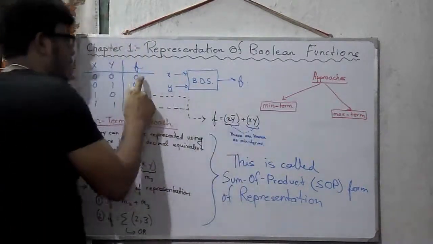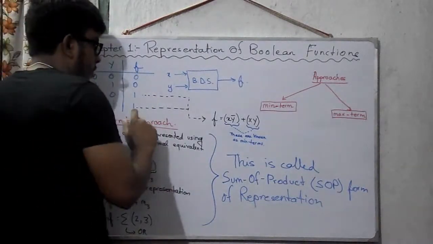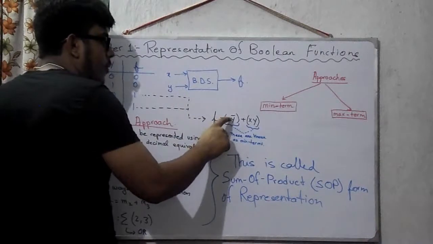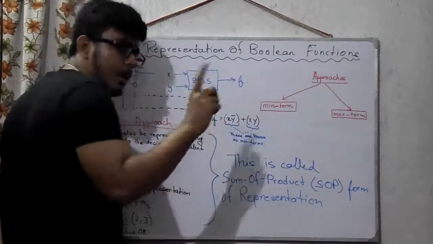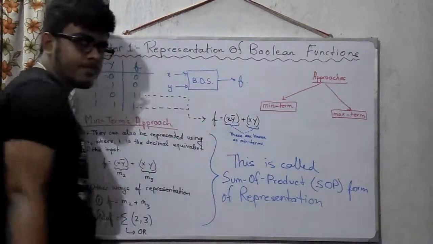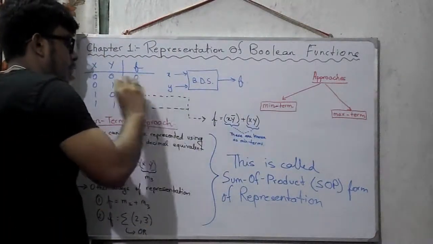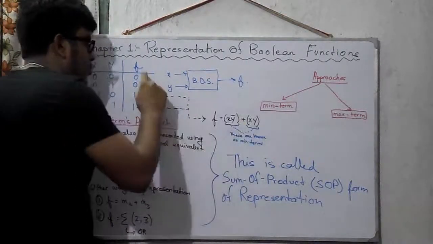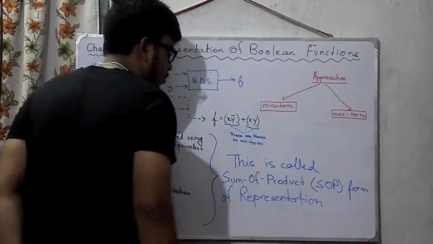So 0 plus 0 is 0, and the output is 0. Again, if both are 1, for which the output is 1, then x y complement becomes 0, but xy is 1, so 0 plus 1 is 1. Whatever input you provide, you get the correct output. So this is the MinTerms approach.